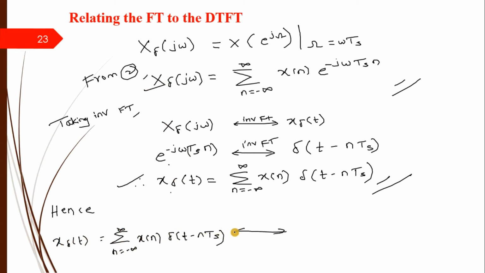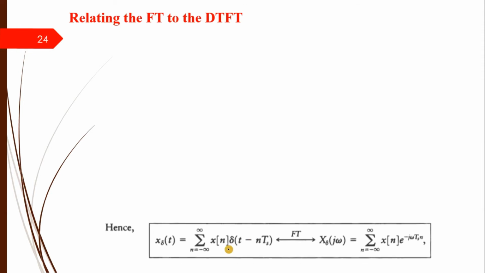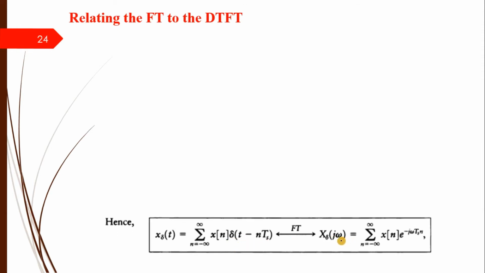If you write the FT pair of it, you will get capital X delta of j omega, equal to summation n equal to minus infinity till infinity x of n e raised to minus j omega ts n. That's it. That is the same equation I'm having here. So this is the FT and DTFT relation.